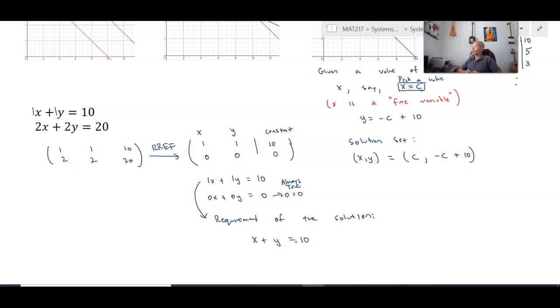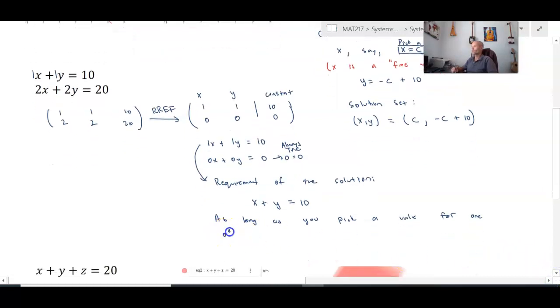Okay, well at this point we can go a number of different ways. We could say that as long as you pick a value for one of the variables, the other will be determined.